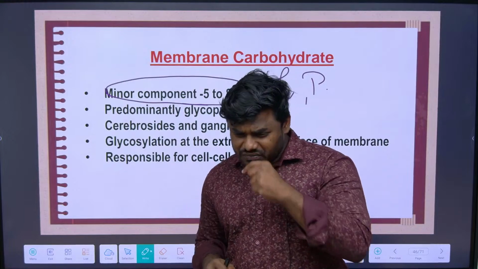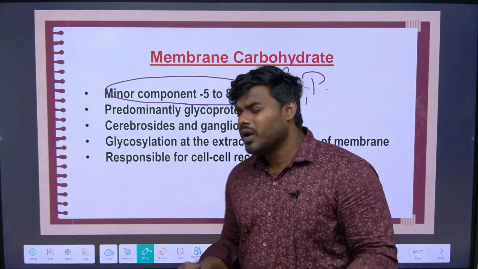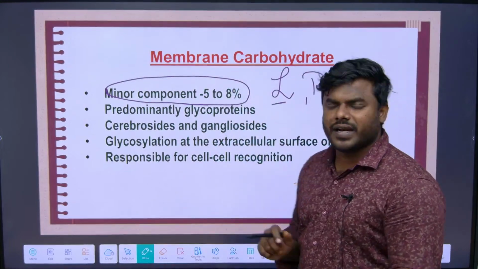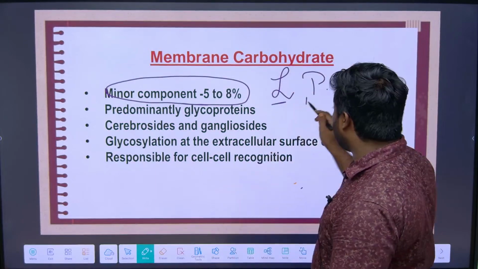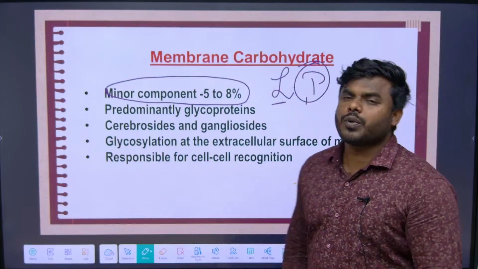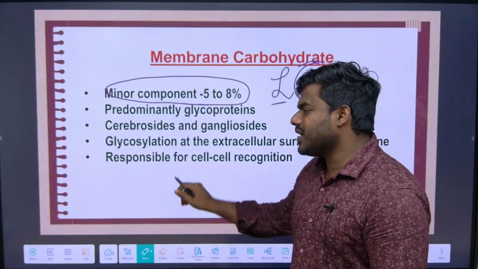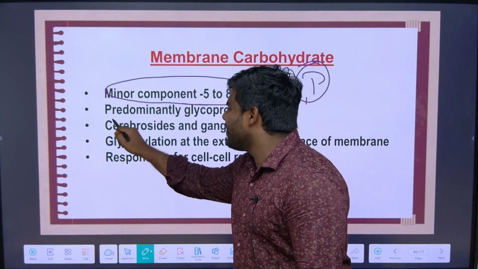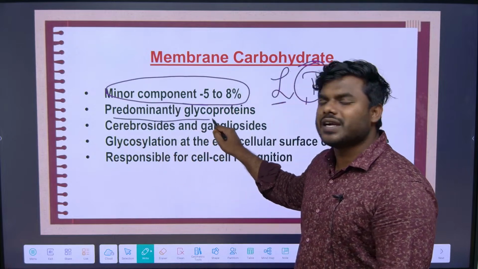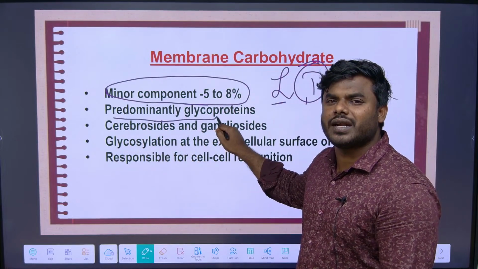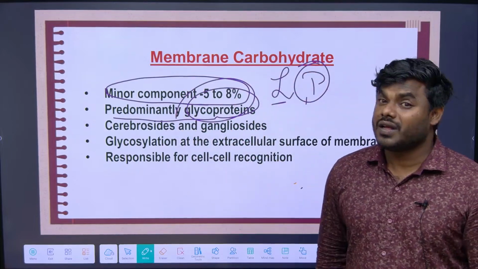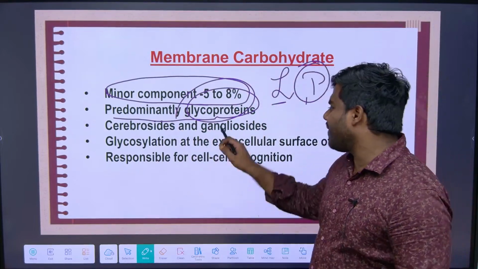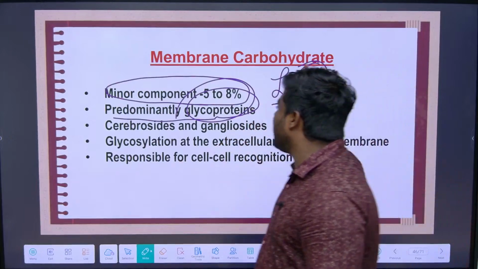But compared to the lipids, most of the carbohydrates are associated with the proteins only. That's the reason we can say very clearly that carbohydrates are most predominantly present in the form of glycoproteins. That is a very important statement. I want you to remember it correctly.